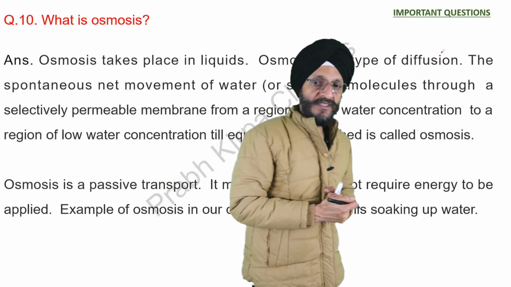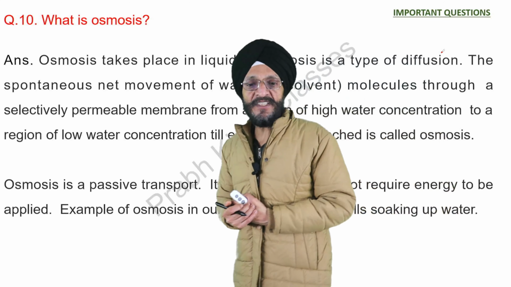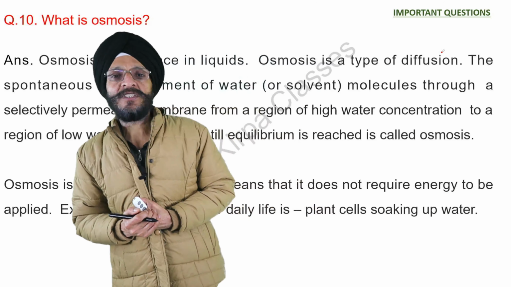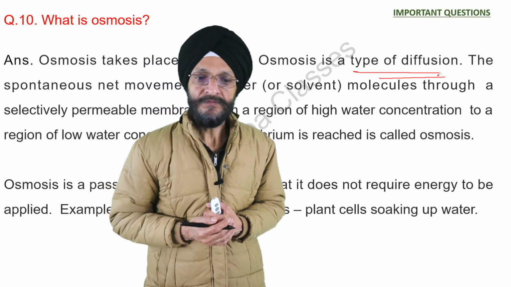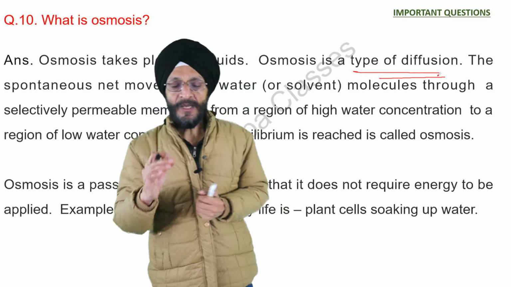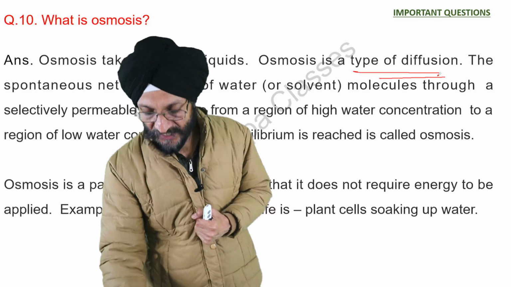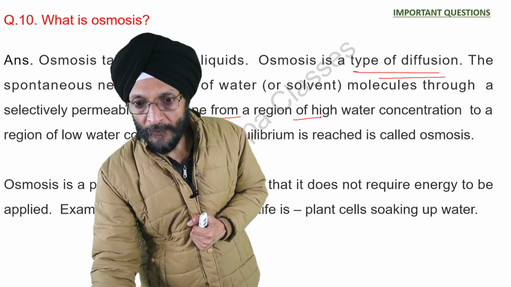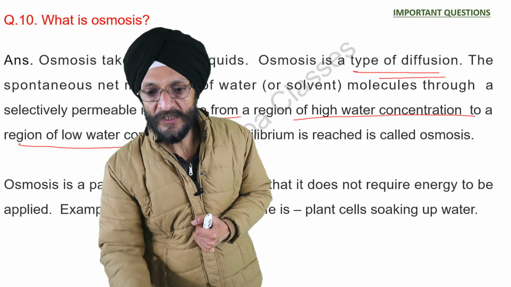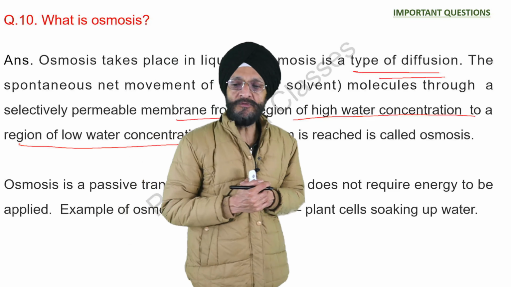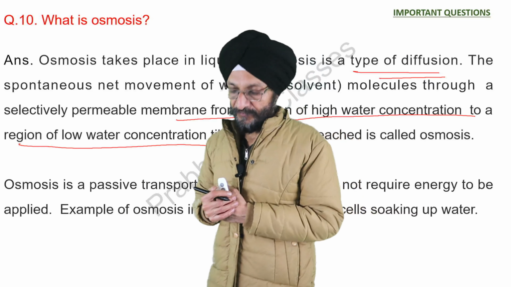Now, what is the process of osmosis? Osmosis is a process which takes place in liquids. It is a type of diffusion, the spontaneous net movement of water or solvent through a selectively permeable membrane from a region of high water concentration to a region of low water concentration till the equilibrium is reached, is called osmosis.